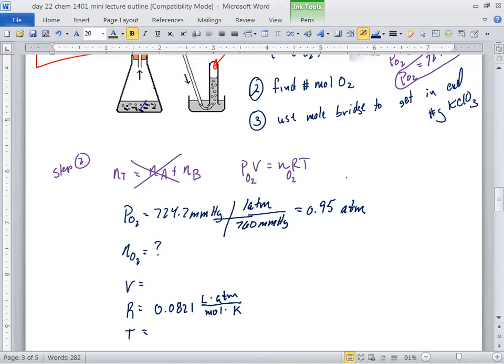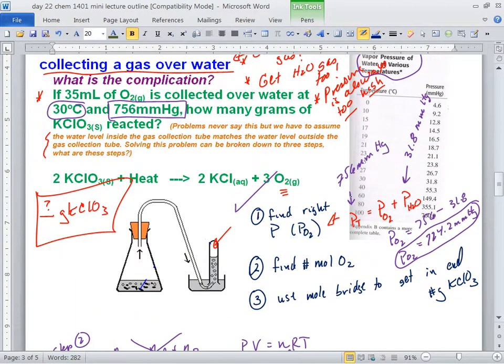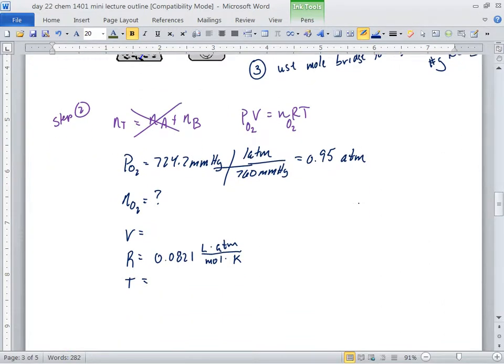Okay. And we need the volume, but it has to be in liters. What volume do they give us? Yeah, they gave us 35 mL. So what was the ratio to get it into what we want?